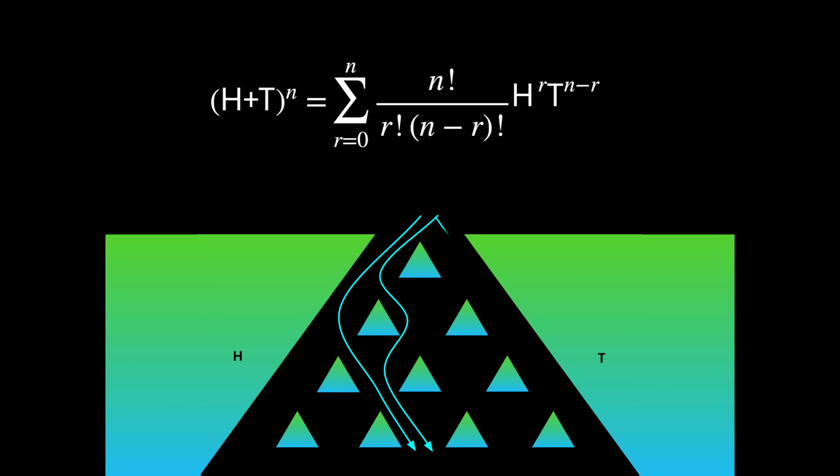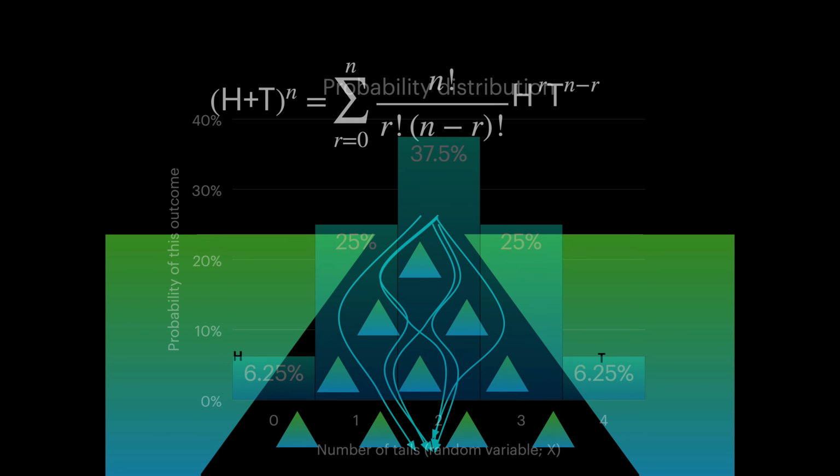Similarly, if we wanted two tails, there are six different ways of getting there, and so on. For now, the thing to know is that there is a formula that will describe a probability distribution.